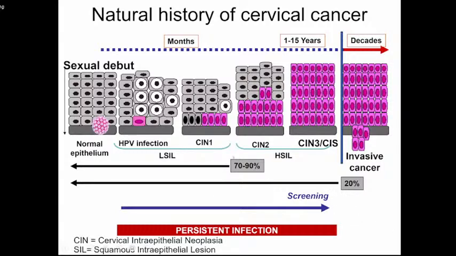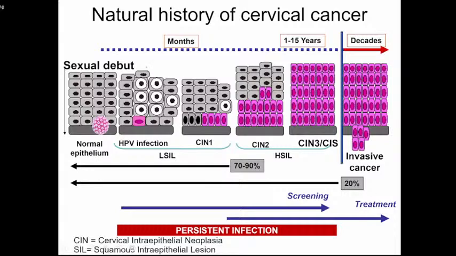But once you have a high-grade lesion and invasive disease, then it's time for treatment. So before that is the screening period, and if you find a lesion, you screen. If she has a high-grade lesion or higher, then it's treatment.